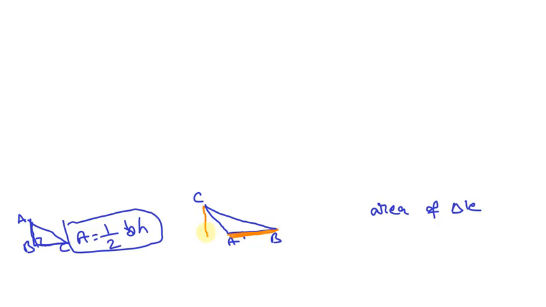So here if you drop a perpendicular line CD, then we get area is equal to half into base AB into height CD. Children have to understand that in an obtuse angle triangle, the height won't be an interior part of the triangle. It can be an exterior part of the triangle. This is the first case.